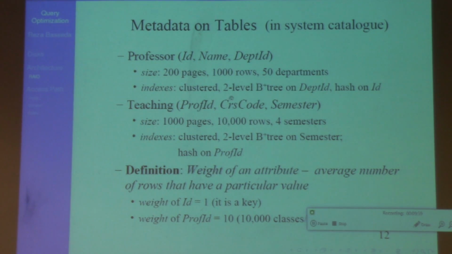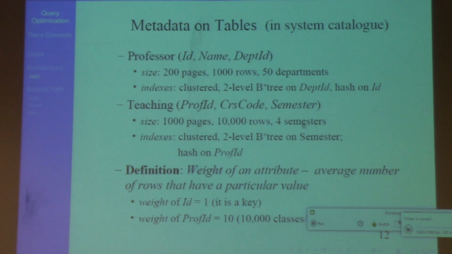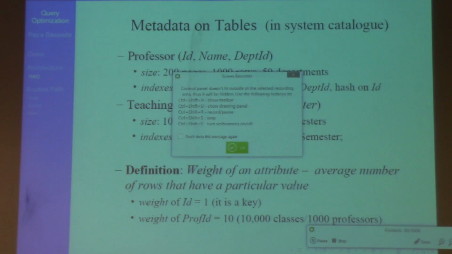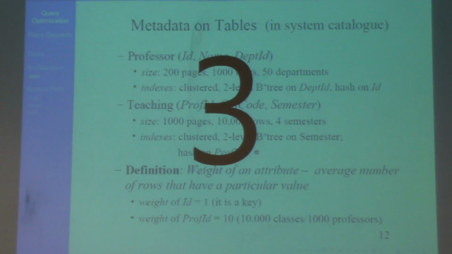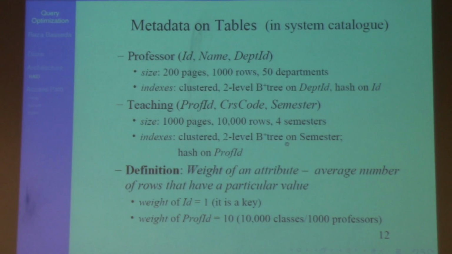We have a B+ tree index based on the department. So, what do you think about this execution plan with this?